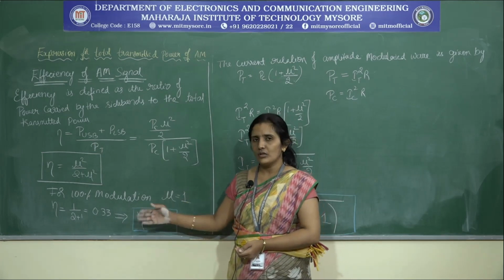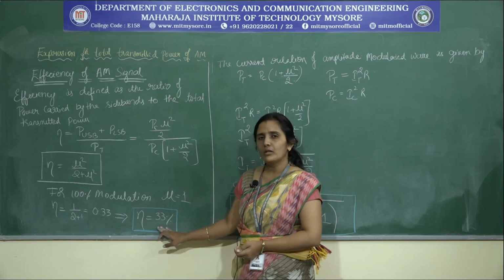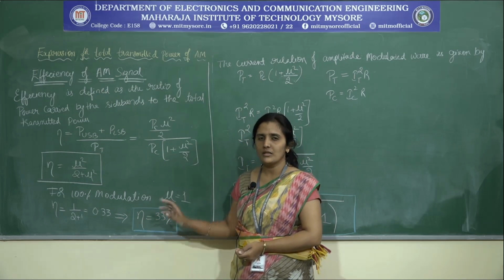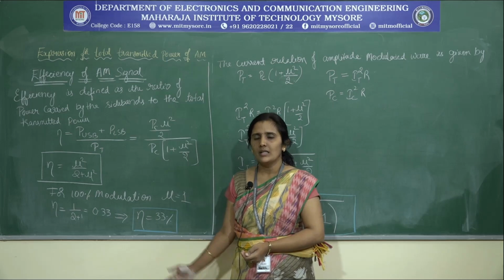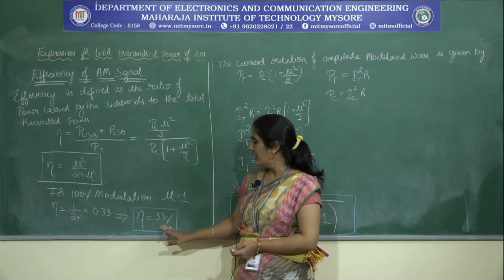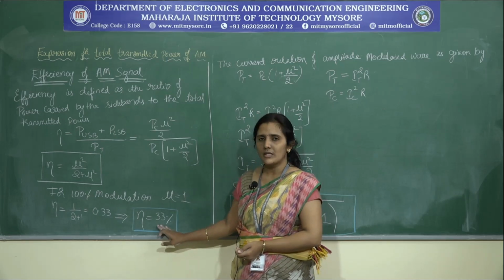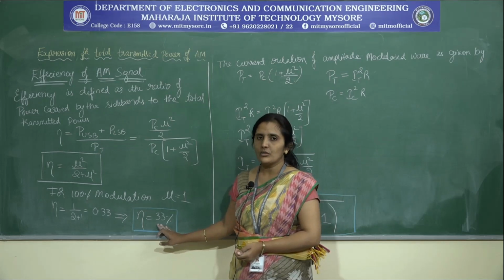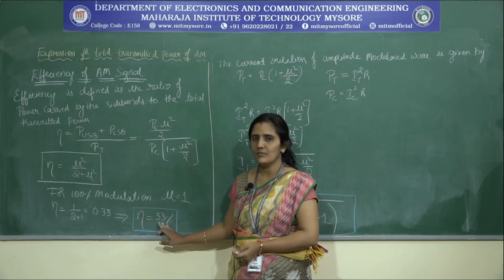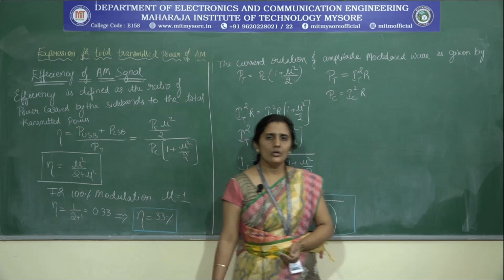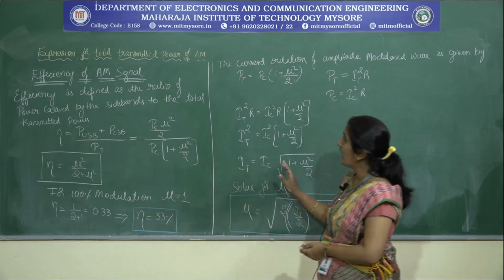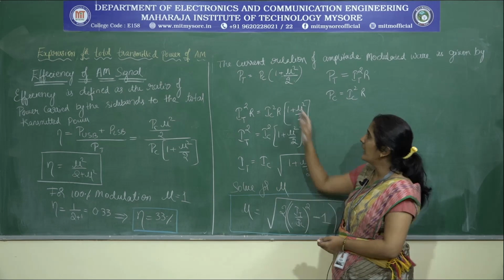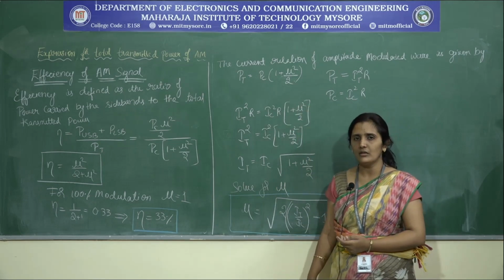As we have discussed, out of the total power, 66% of the power has been taken by the carrier and 33% of the power has been taken by the sidebands. So this is the efficiency of the AM signal. Now we are going to derive the equation by considering the current as well as the voltage.